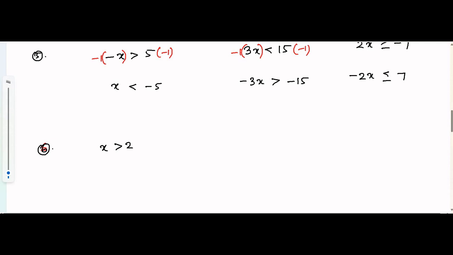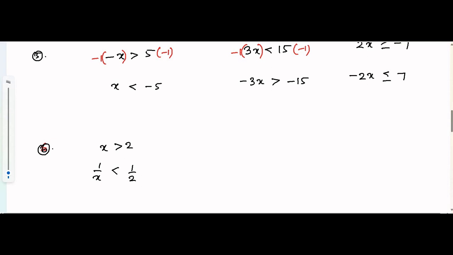Here both sides are positive. Suppose we take the reciprocal, we take 1 by x and here 1 by 2. The sign of inequality will reverse in this case.